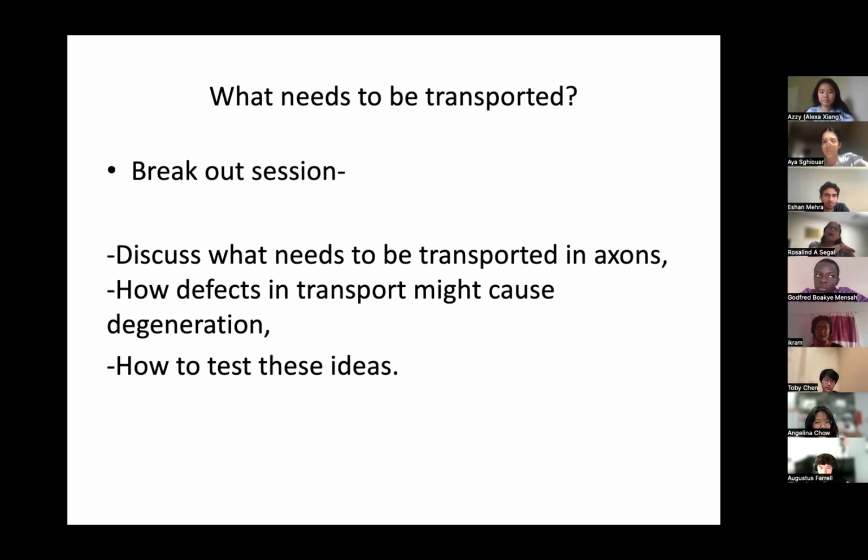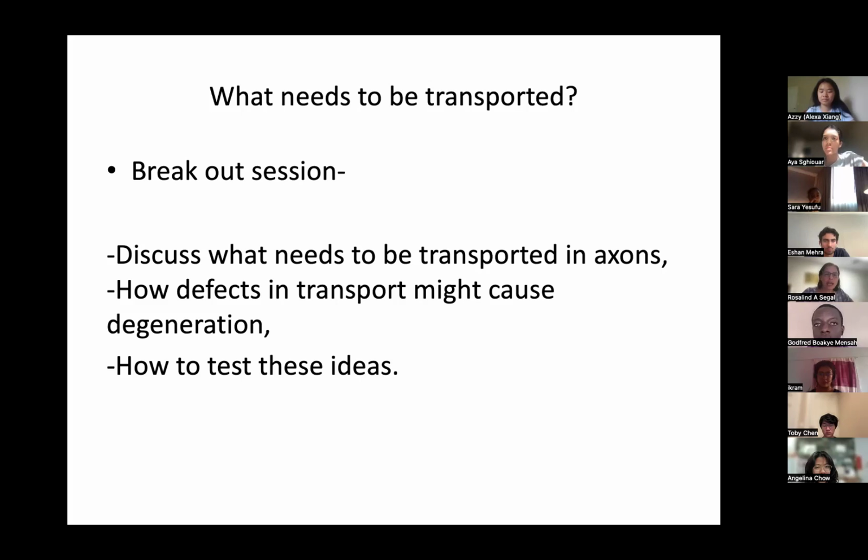There's a wave of electricity that gets transmitted through the axon that is not actual physical transport. But RNA and proteins and lipids and mitochondria and other organelles are all key. How do you test these ideas? Azzy and Sarah, and then we'll move on.